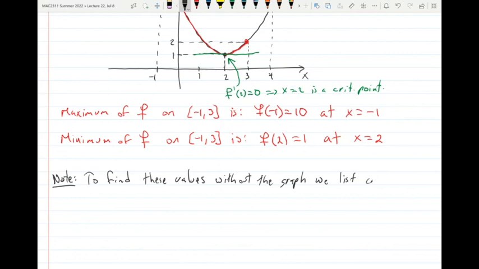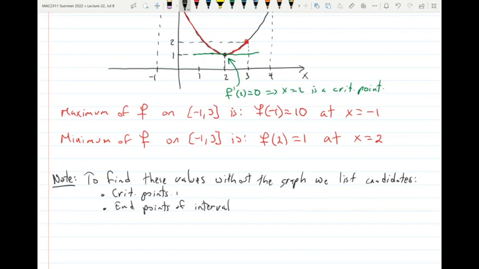We list candidates, and they are the critical numbers, so critical points, because they happen inside the interval, and also the endpoints of the interval.